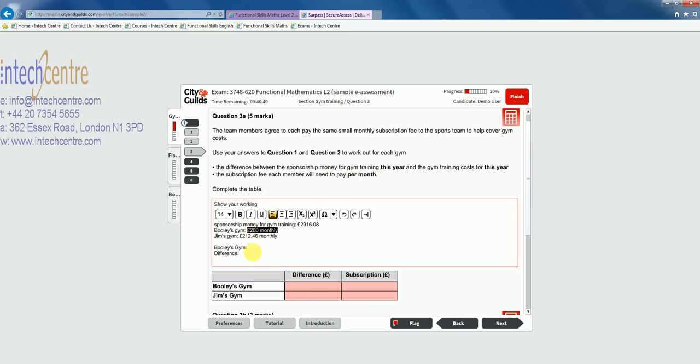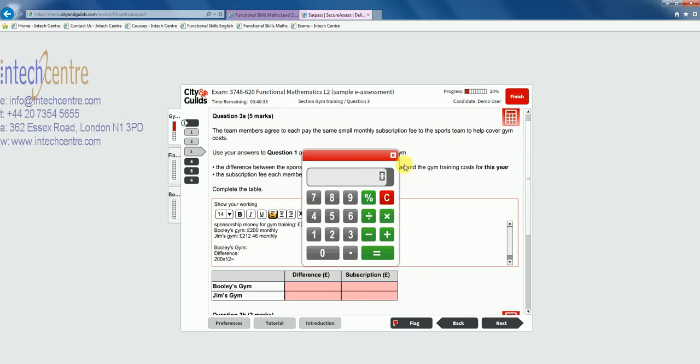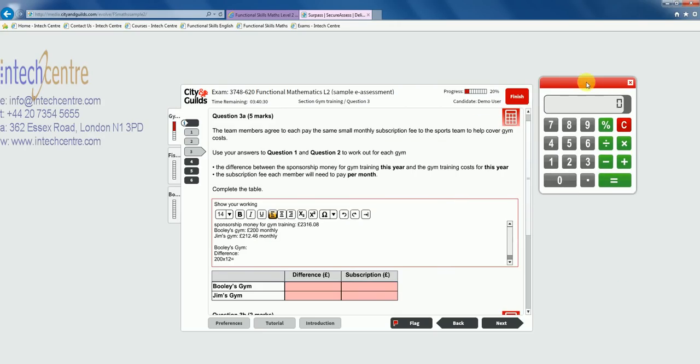The first thing that we should do is work out the yearly cost. So the monthly cost is 200. We're going to times this by 12. As there are 12 months in the year, this will give us 2,400 if I'm not mistaken. So I'm just going to move the calculator out of the way. So that's 200 times 12, 2,400.